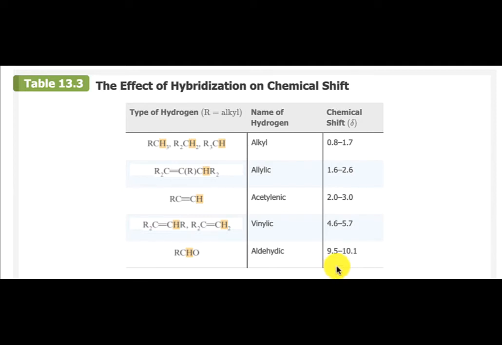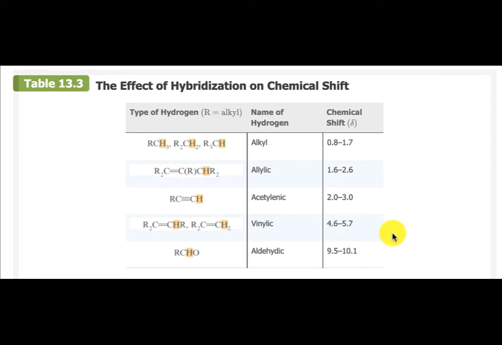This is really at the far left of your standard NMR scale. With a vinylic, let's just say instead of oxygen here, that was CH2, then you're only about halfway there. You're around 4.6 to 5.7. So that's the point here.